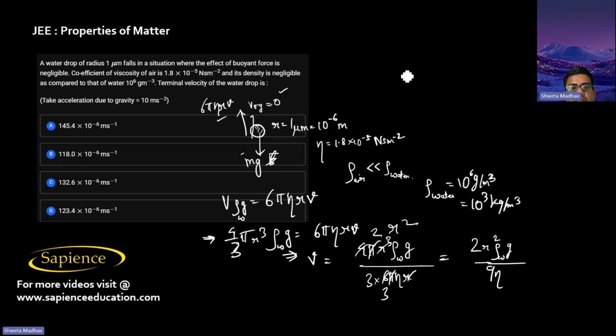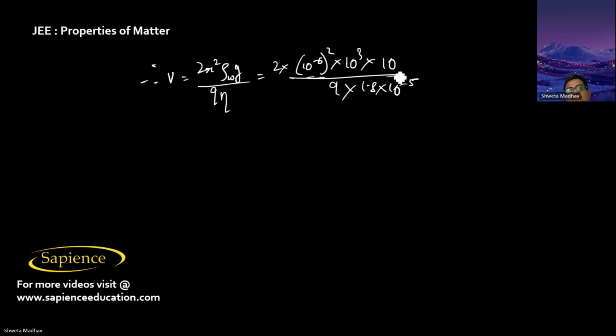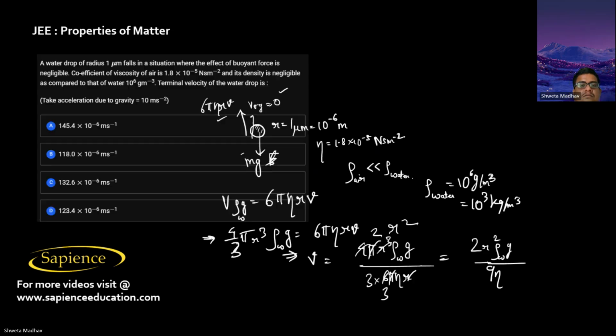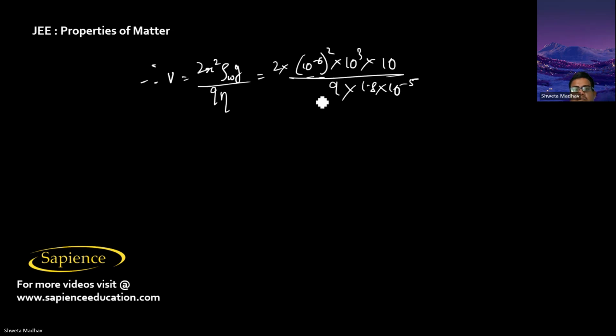So 2 9s are 18, 0.9. This will be 10 power minus 12 into 10 power 4 divided by 9 9s are 81 into 10 power minus 6.